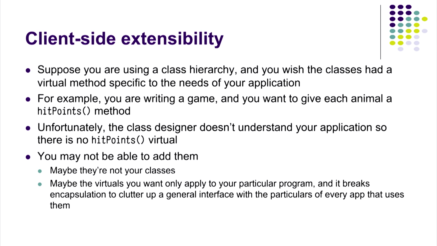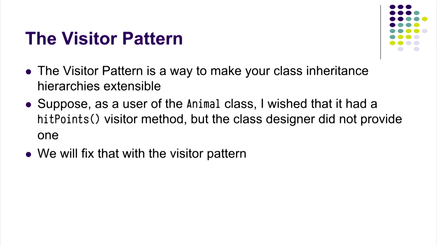So it doesn't even feel like they belong in there. Now, one way to address this is with something called the visitor pattern, and this makes your class inheritance hierarchies extensible. So how would we add our hit points method?